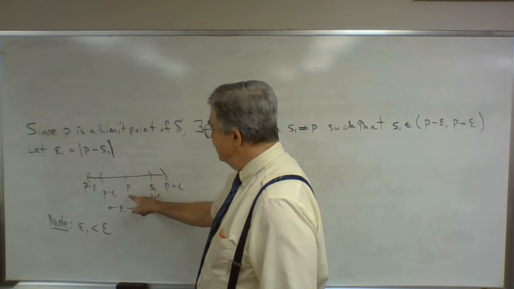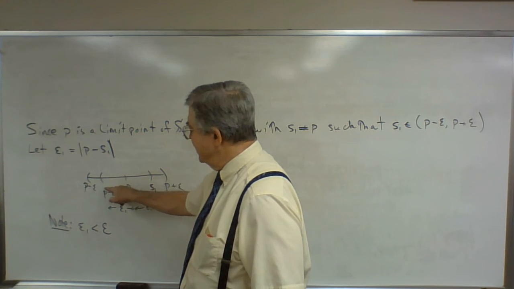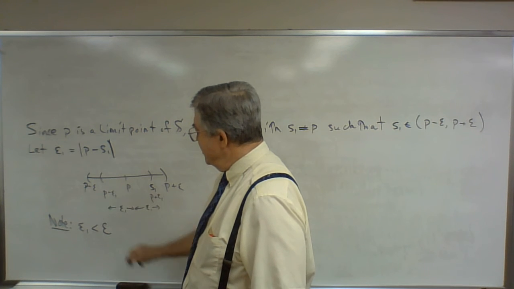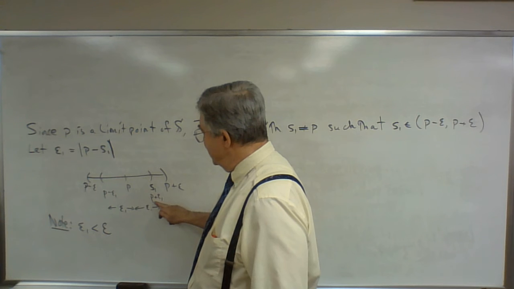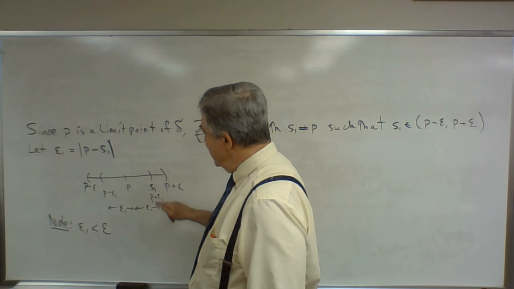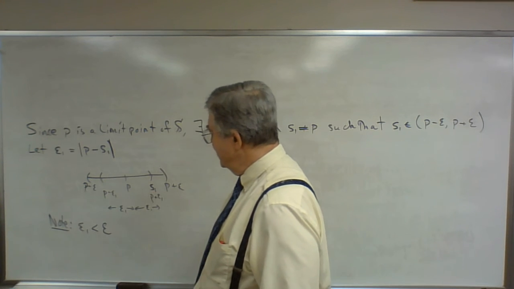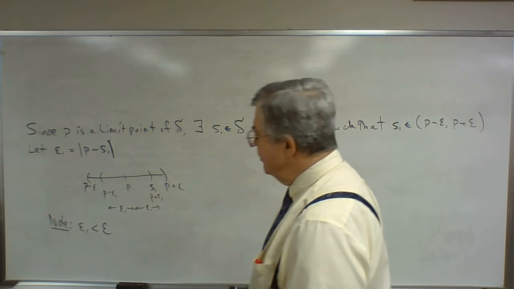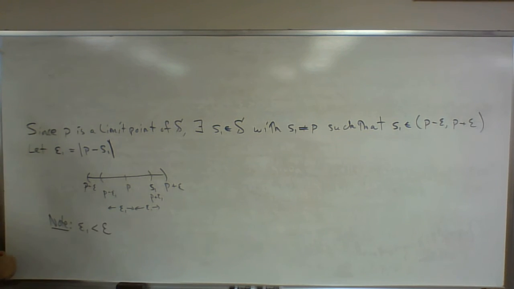So if we go a distance of epsilon sub 1 to the right and to the left, we get the interval P minus epsilon sub 1, P plus epsilon sub 1, and S sub 1 is one of those endpoints. So we'll note that epsilon sub 1 is less than epsilon.